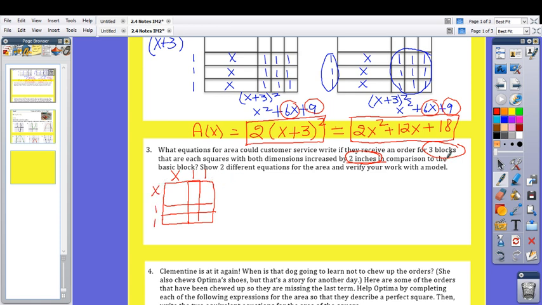Okay, but there are 3 of those blocks, so we will be having 3 of the same kind. So one more.